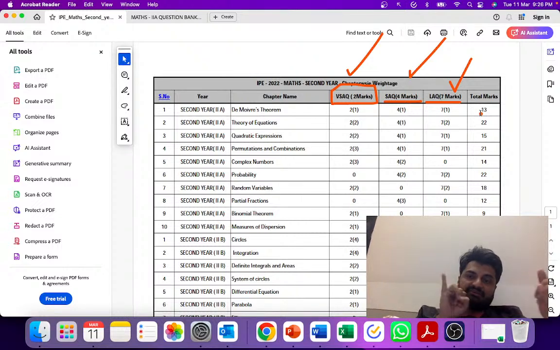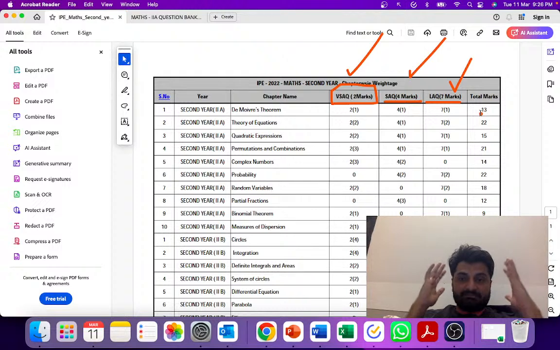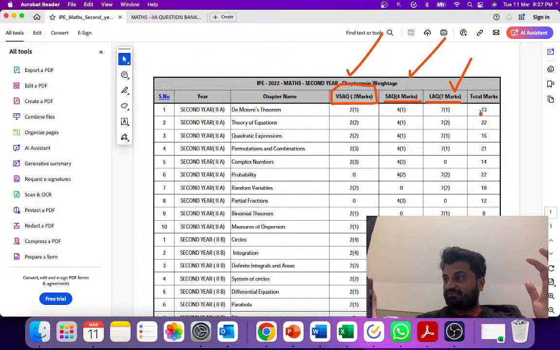Start with long answer, then short, then very short. Attempt extras. This is one tip which I'm telling all the students. That will fetch you more marks. Suppose you miss out on any question, or you are not sure about any question, that is where extras will help you do well.